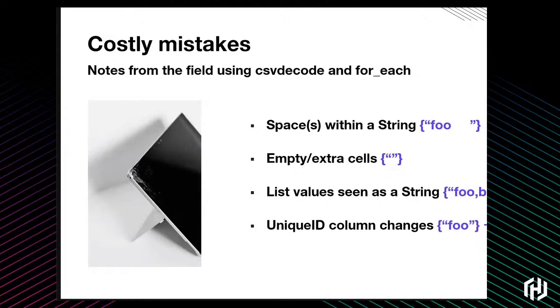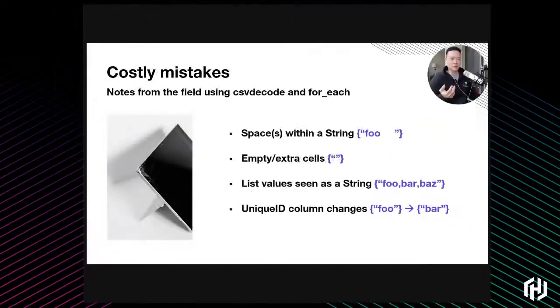Now, following on from that, list values. Often, for example, if you're creating a virtual network, you'll have DNS servers coming in as part of your virtual network creation. And in the DNS IPs, you'll have multiple IPs, obviously, I hope. What that gets seen as, as you can see on the screen here, is comma separated values within a single string.